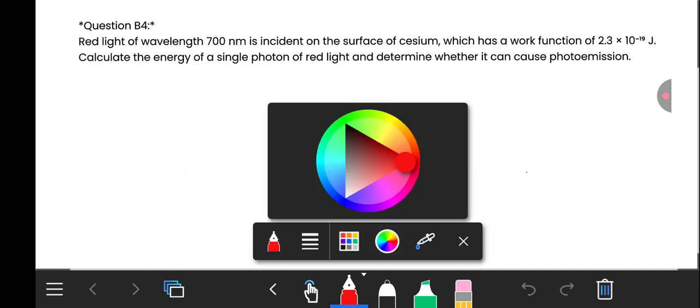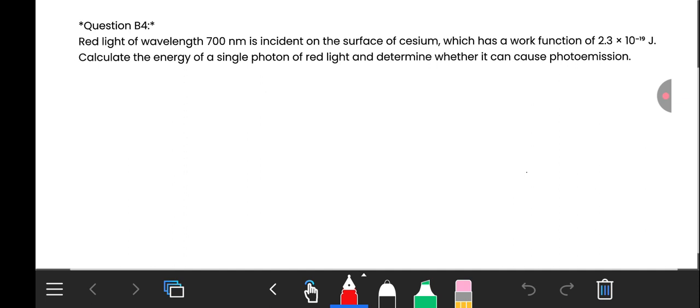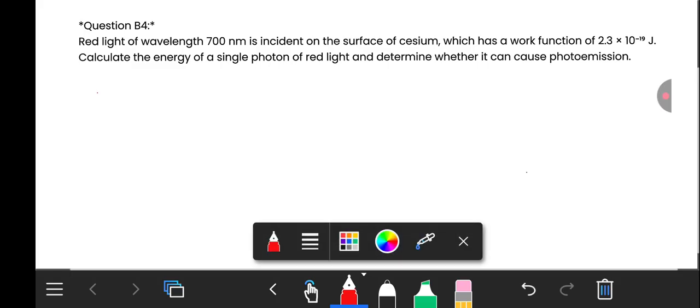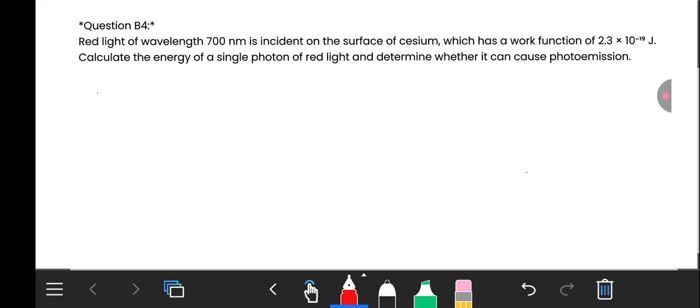So how can we solve this question? We are going to use a formula which relates energy, frequency, and Planck's constant.